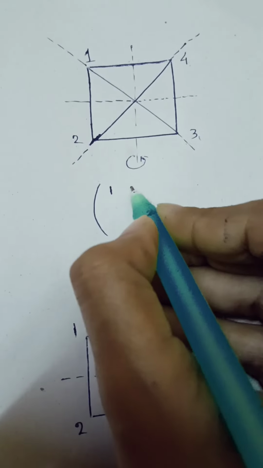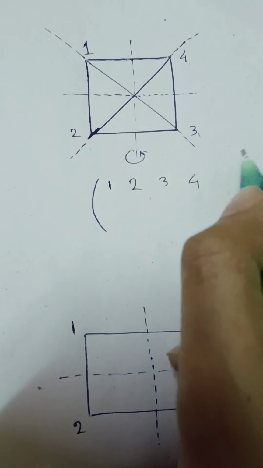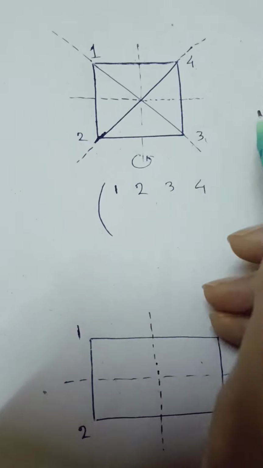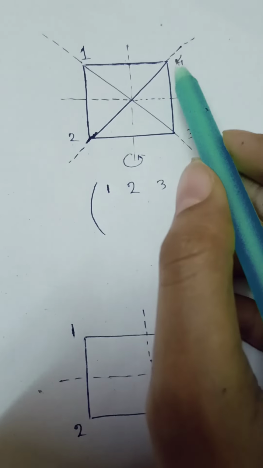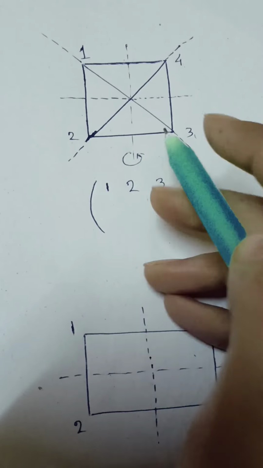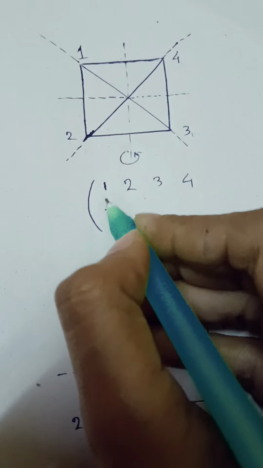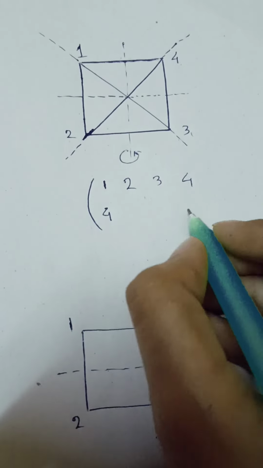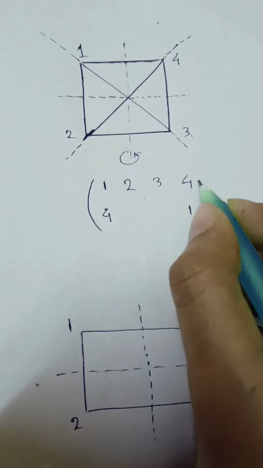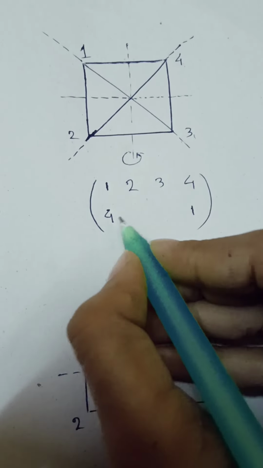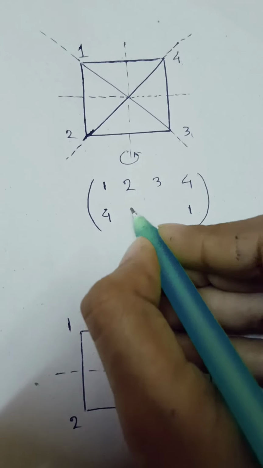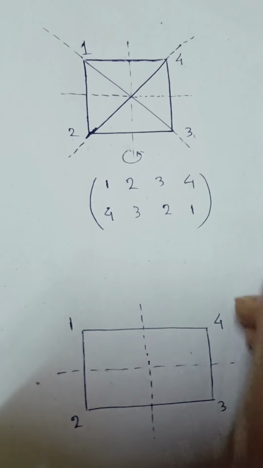Let us write the initial positions 1, 2, 3, 4. These are initial positions, and 1 goes to the place of 4 after this reflection. So we will write 1 goes to the place of 4 and 4 goes to the place of 1. These are initial positions and these are final positions. 2 goes to the place of 3 and 3 goes to 2.